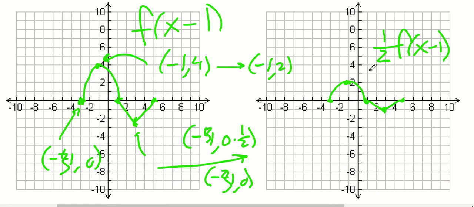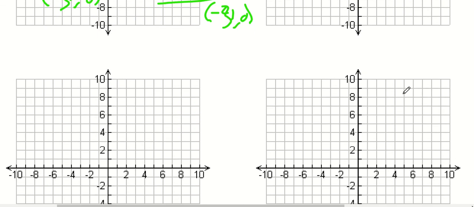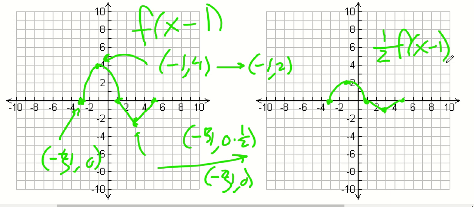Essentially, what's going to happen here, any point that's on the x-axis is still going to stay in the same spot. So your -3, 0, 1, 0, and 5, 0, those points stay the same. What's going to happen now, for example, if I look at this point here, which was located at -1, 2.